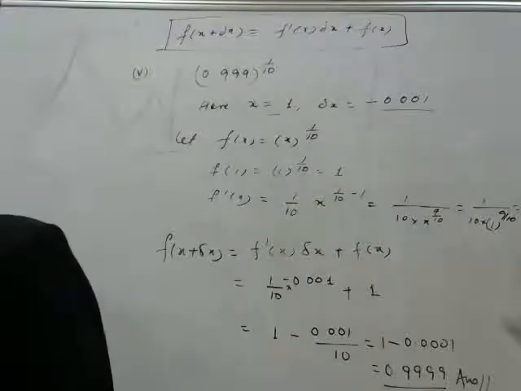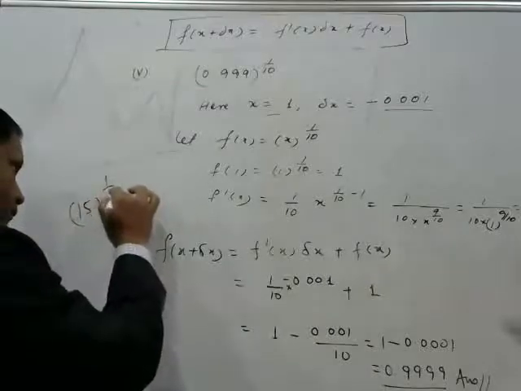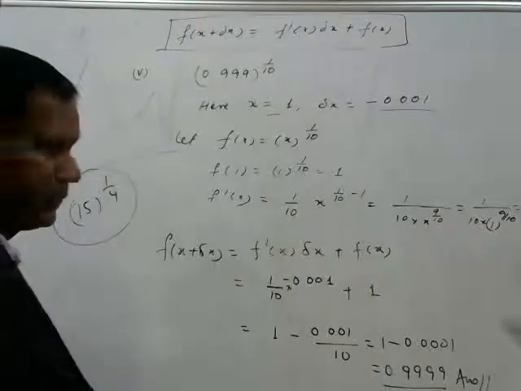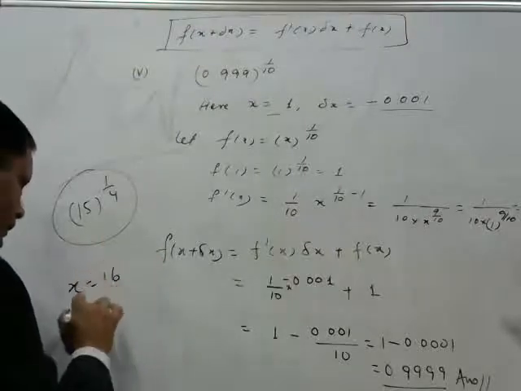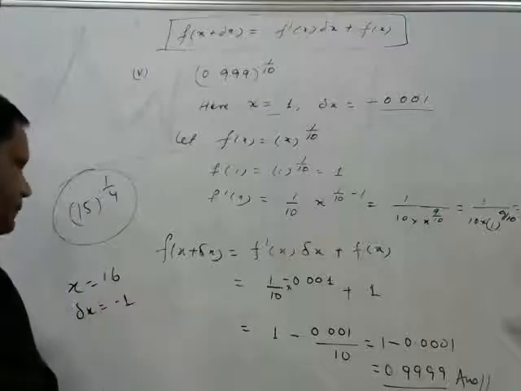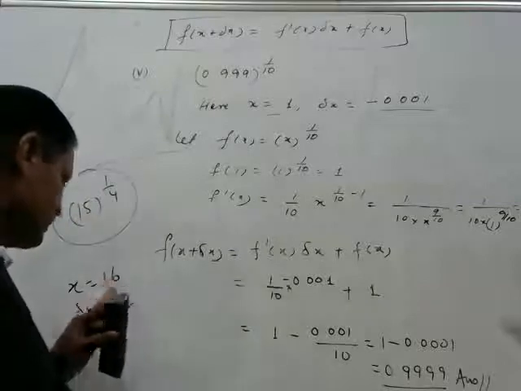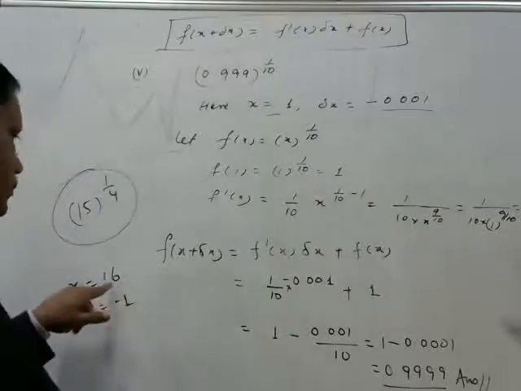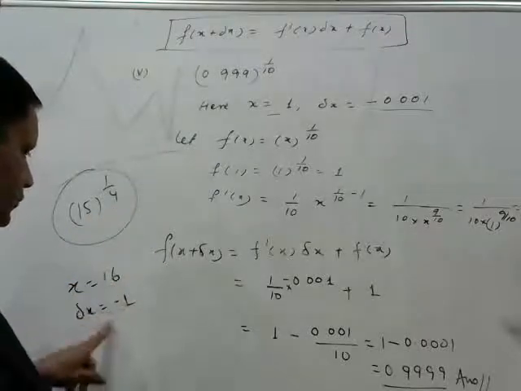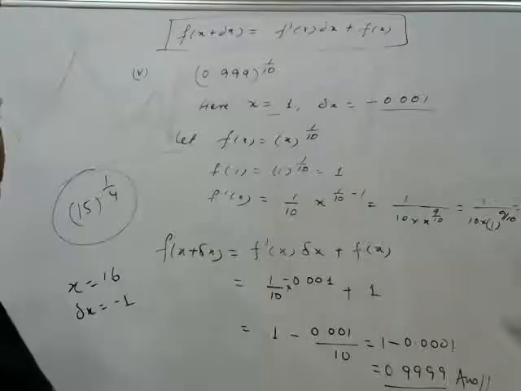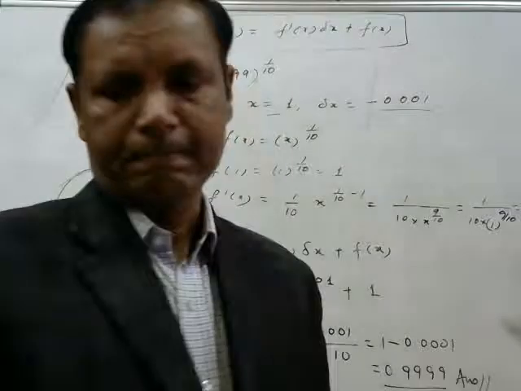Suppose I have 15 to the power 1 by 4, then tell me what will be the value of x? x will be 16, 2 to the power 4, and delta x will be minus 1, isn't it? I have taken 16 because 2 to the power 4 is 16, that's why I have taken x equal to 16 and delta x minus 1, and then you go ahead simply as before. And I hope that you can do the rest of the questions.